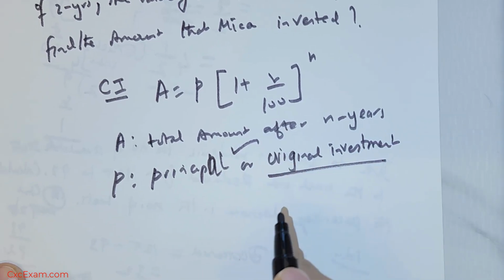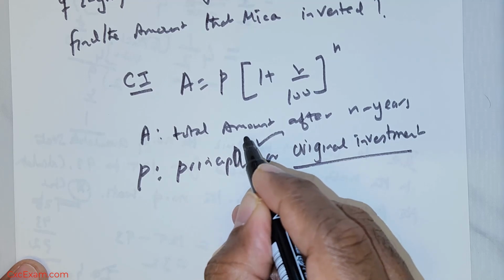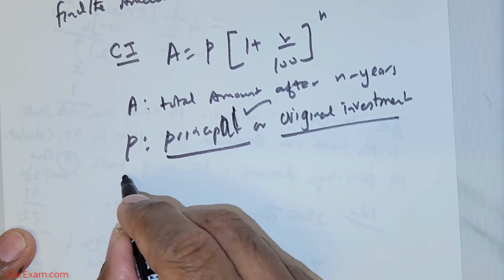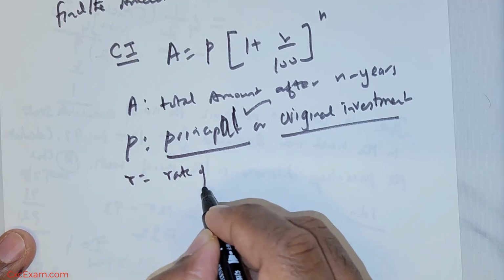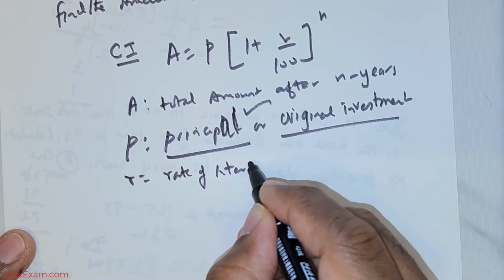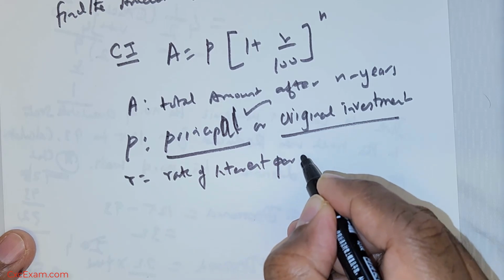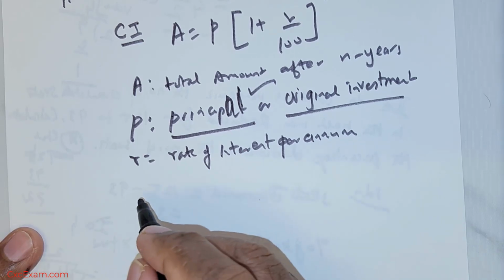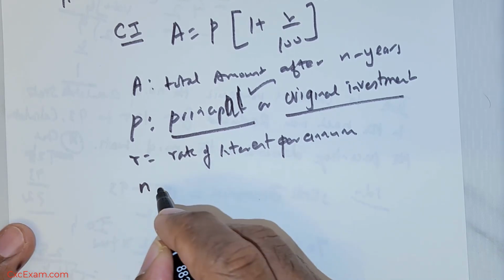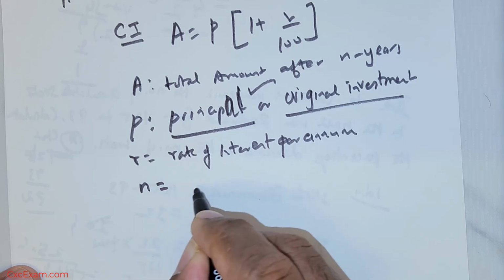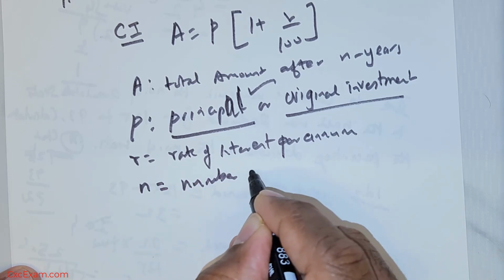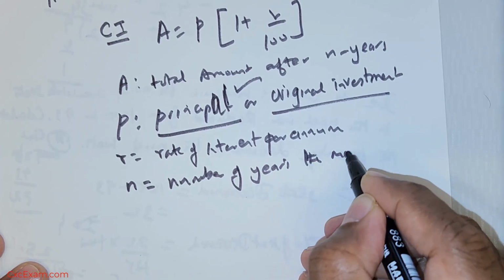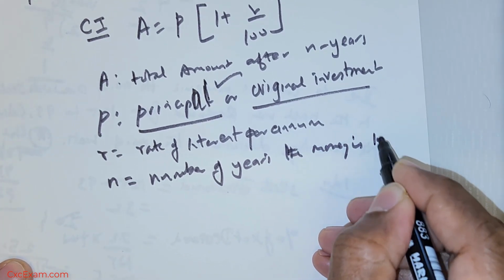But this is the terminology which is used. So R is going to be the rate of interest per annum, and N is going to be the number of years the money is invested.